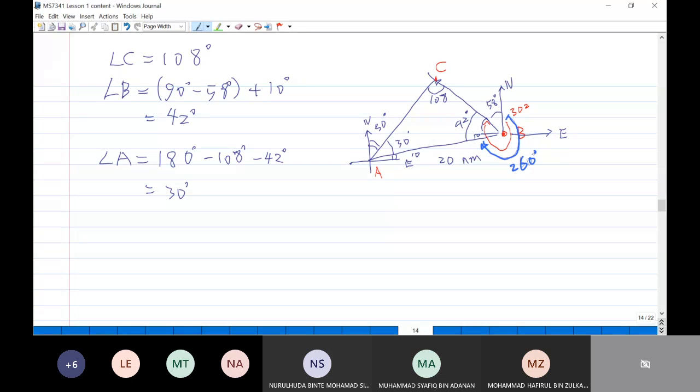So what is vessel Y? Y is moving in this direction. So this side is opposite angle A here, and this is B here. This is C here now. Label them.